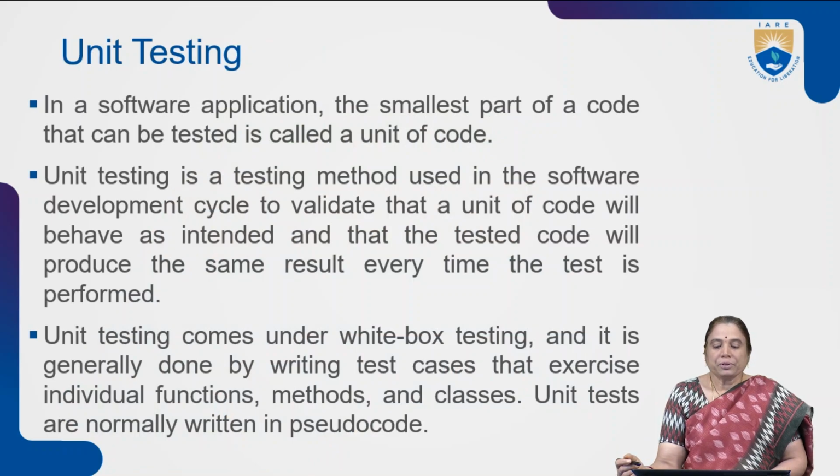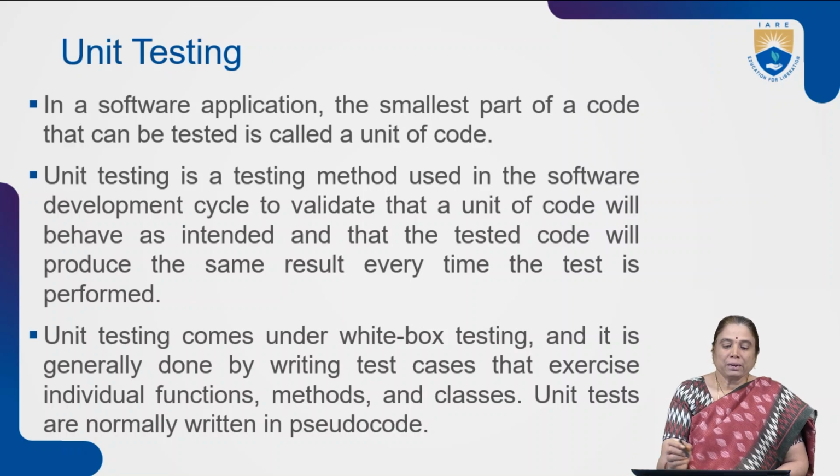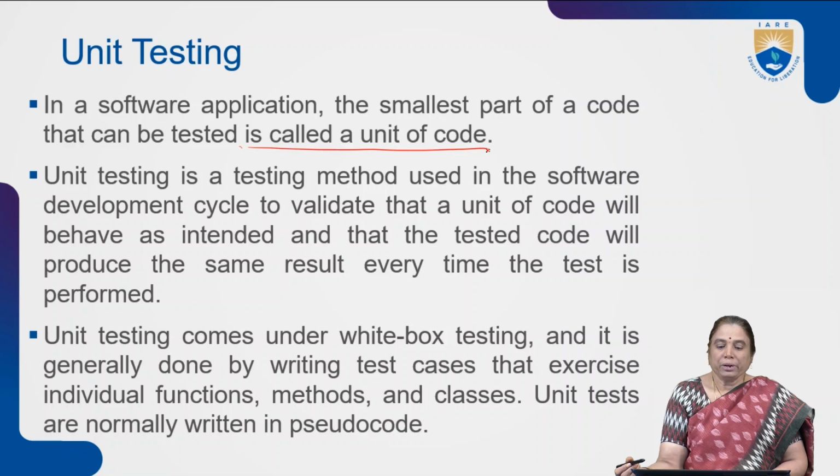In unit testing, a unit is a small piece of code which cannot be further divided. So the smallest part of code that can be tested independently is called a unit, and testing performed on the unit to uncover errors is generally referred to as unit testing.